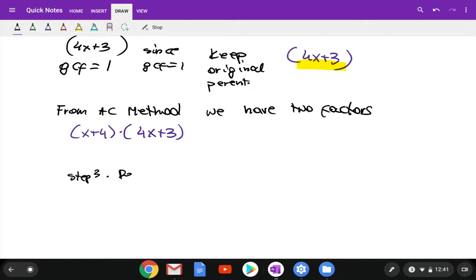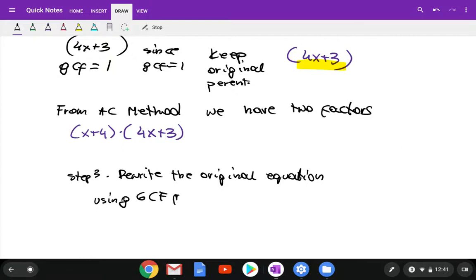Rewrite the original problem using GCF from step 1 and factors from AC method.